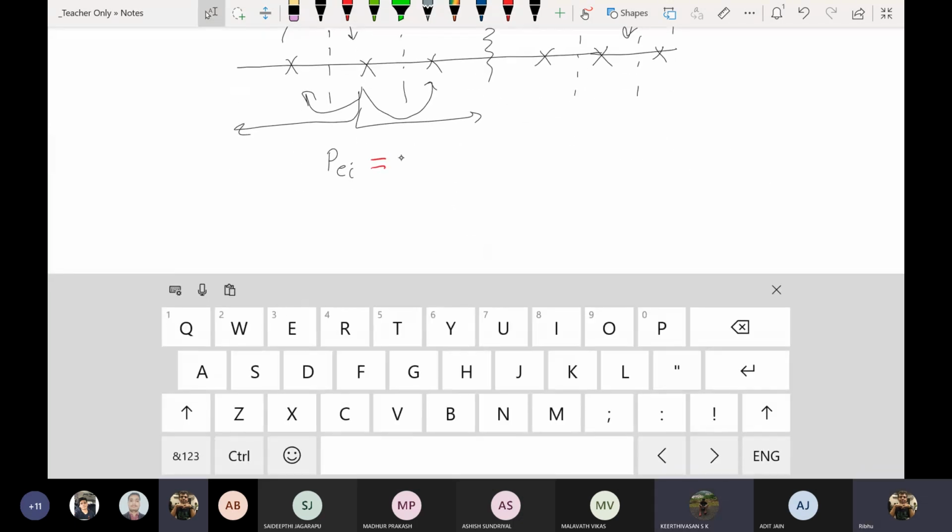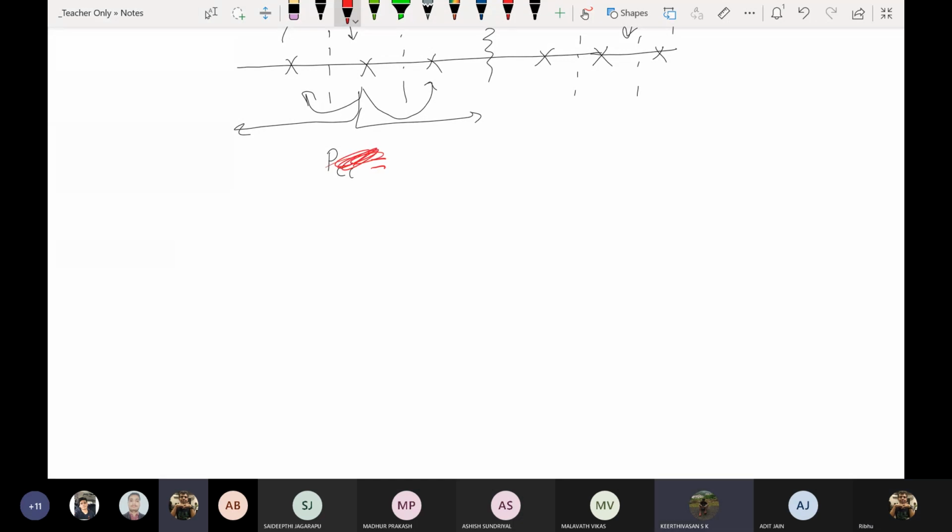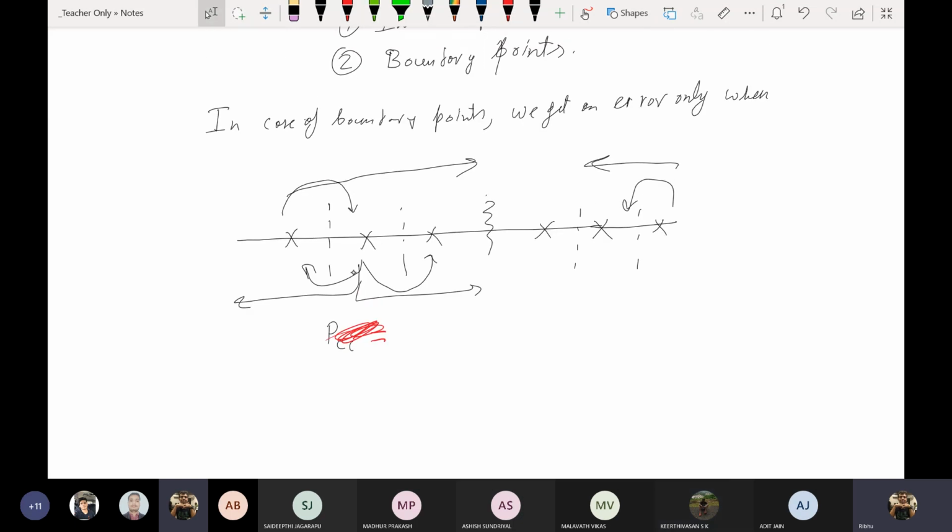Sir, could you once again explain Adit's doubt? Yeah. Adit's doubt was that the arrows that I was drawing were simply pointing to the very adjacent symbols. But what happens is that these need not be adjacent symbols, any symbol. So this can be misdirected as this as well, depending on the magnitude of the noise. So the way I was drawing it was not totally right.